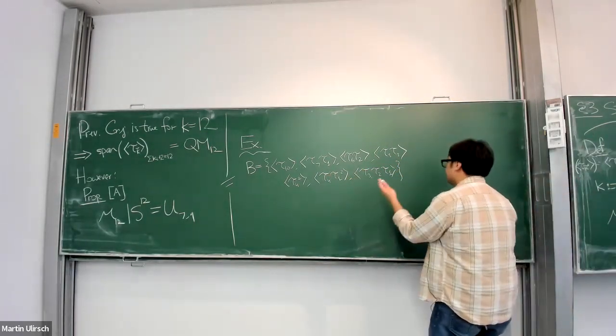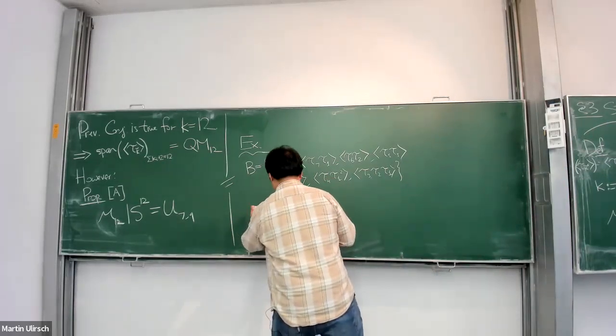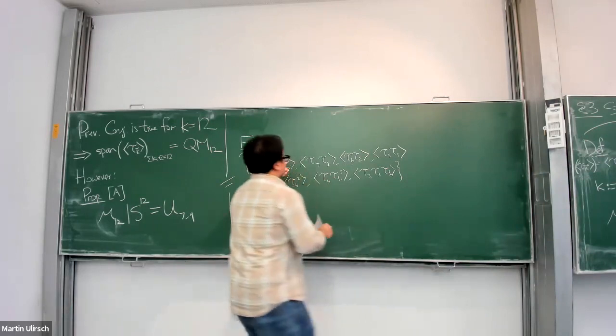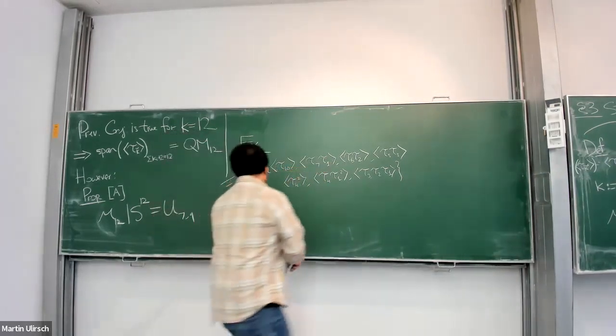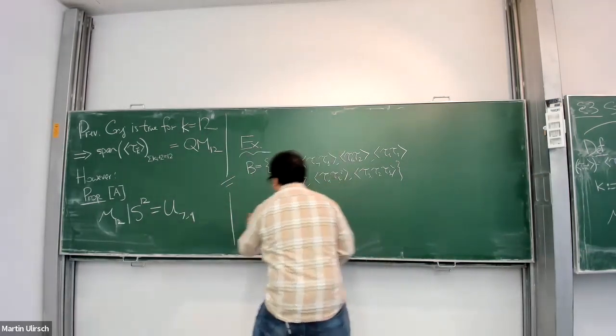Since I'm a uniform matroid, I'm for sure a basis. Then I know that I can write delta, my discriminant modular form, as a rational linear combination of these guys.